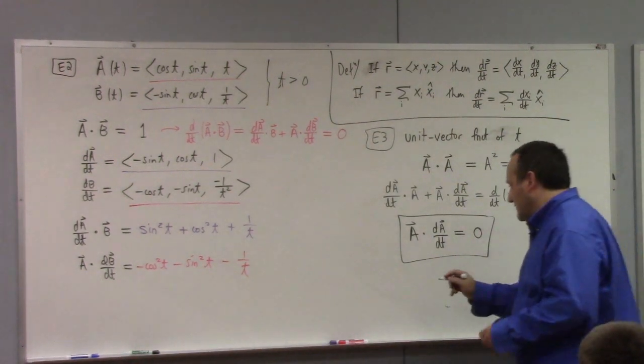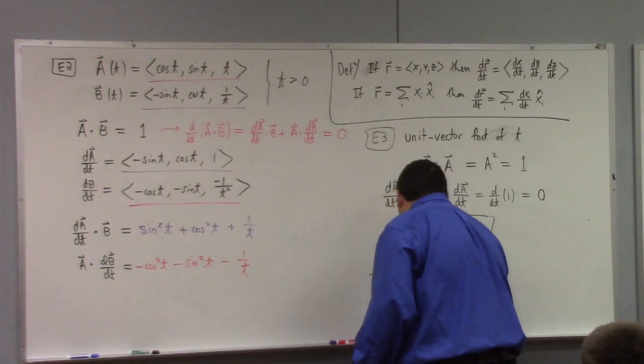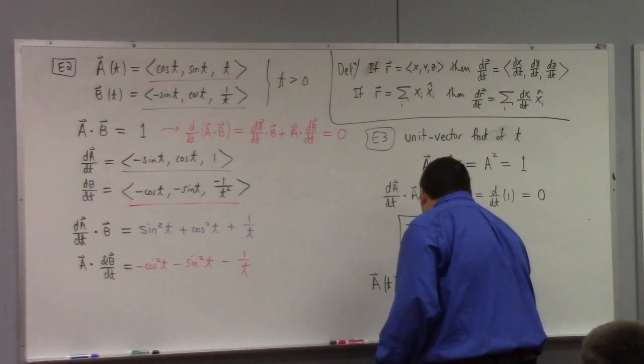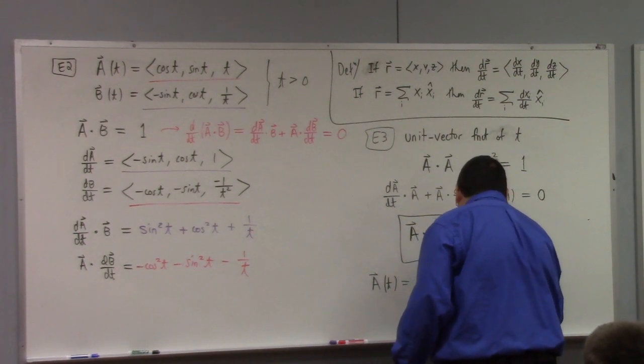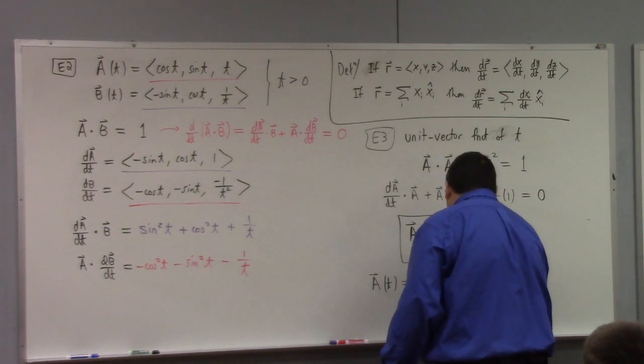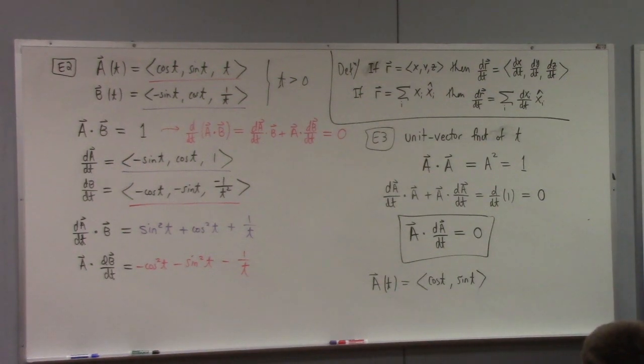So an example of this would be something like this: a of t equal to, you guys help me out, cosine t, sine t. We can do it two-dimensional. This is a time-varying unit vector, right?